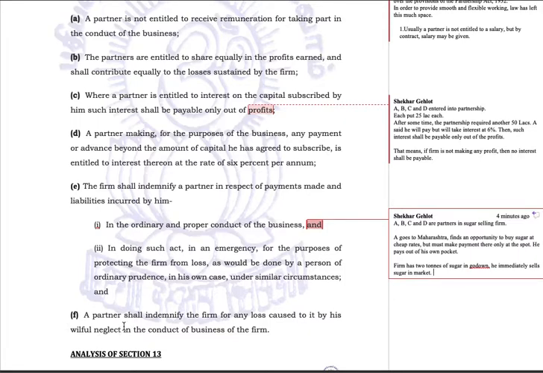Suppose a partner willfully left the sugar openly without covering in monsoon season, and it rained and the sugar is destroyed. Now this partner, because he is responsible for this, must indemnify the firm for his willful neglect in the conduct of business.